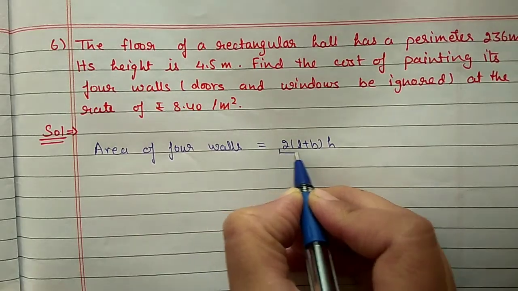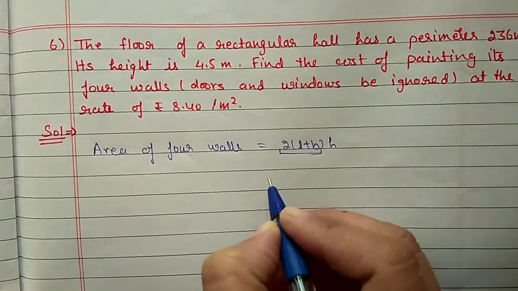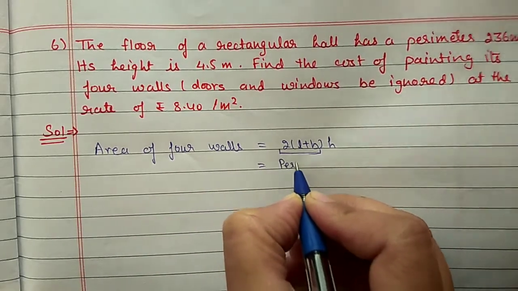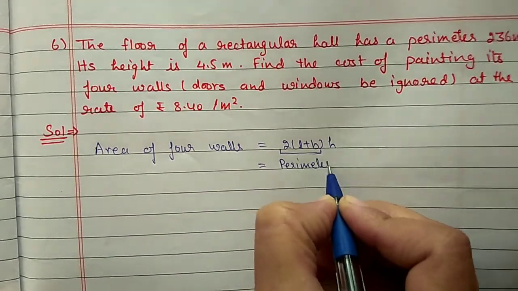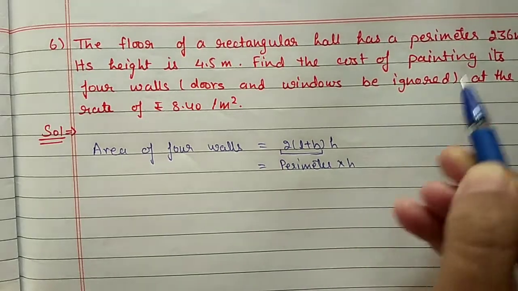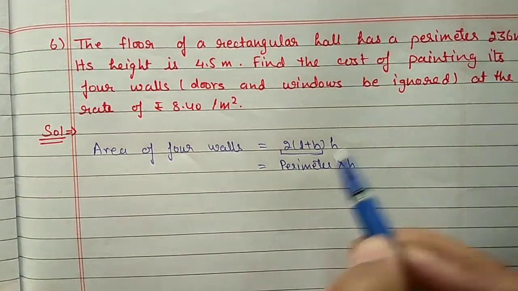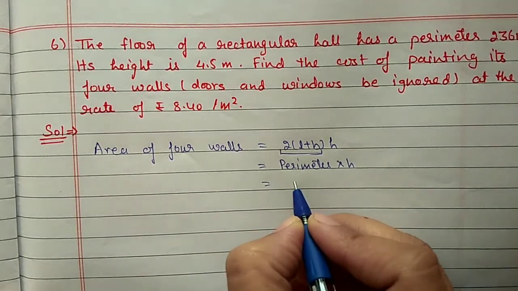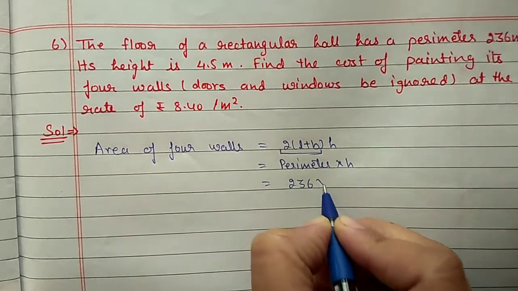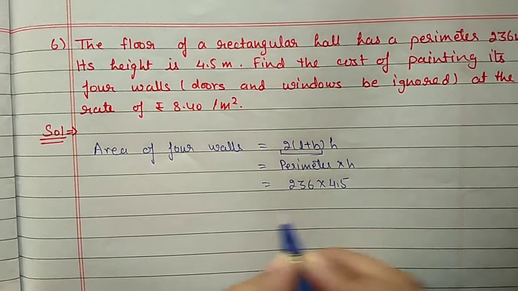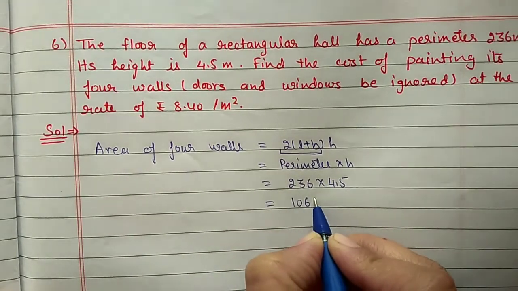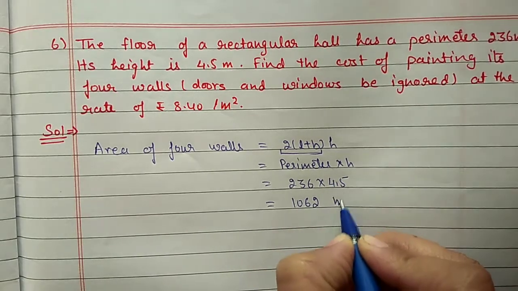And if you see this 2 into (L plus B), we can write it as perimeter also. So this area we can write as perimeter into height. Because in this question the perimeter is given, length and breadth separately are not given. So perimeter is 236 and height is 4.5 meter. After multiplication we will get 1062 meter square.